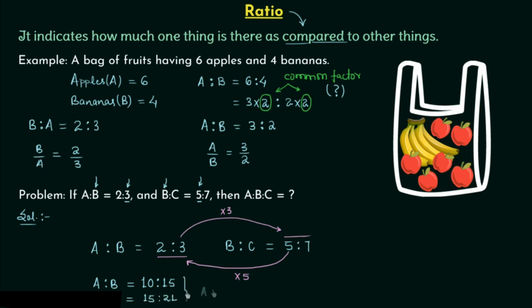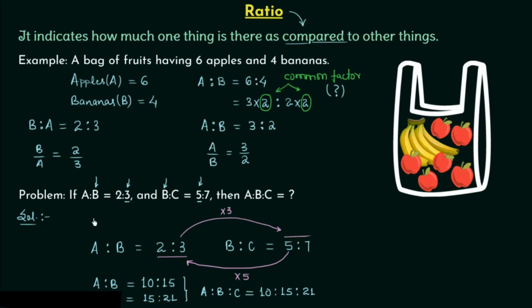From here we can have A ratio B ratio C very easily. A is 10, B is 15, and C is 21. So this is the answer to this example problem.